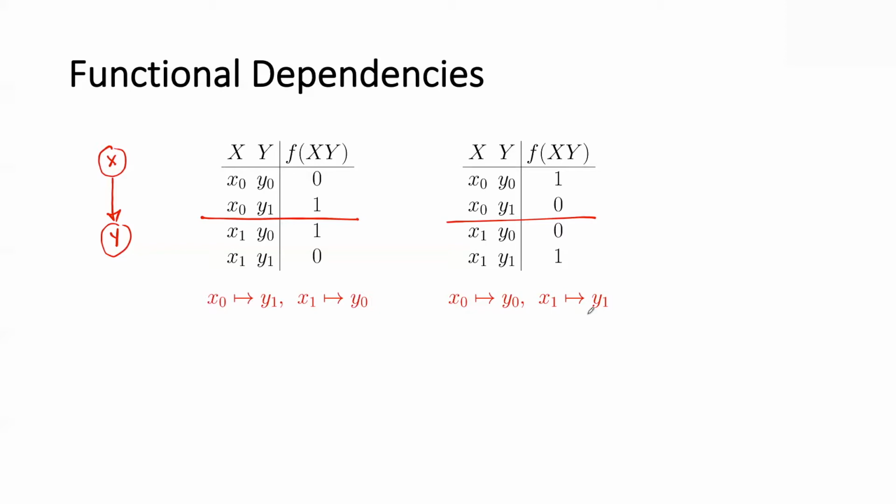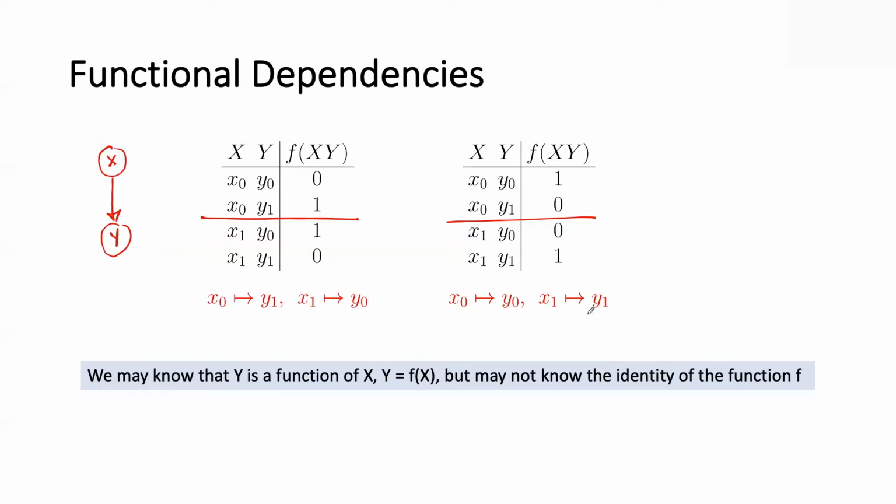Sometimes I know that y is a function of x, but I do not know what that function is. So we may know that y is a function of x, but may not know the identity of that function. I'll give you examples later where this comes up. There is a very major context where this comes up. Recently, we found a way to utilize this kind of background knowledge.